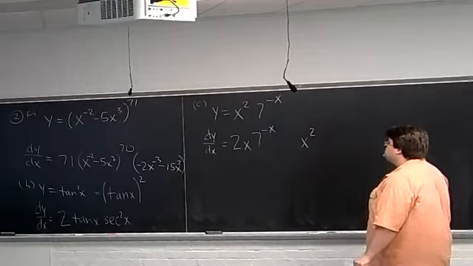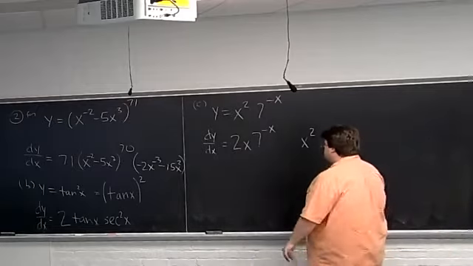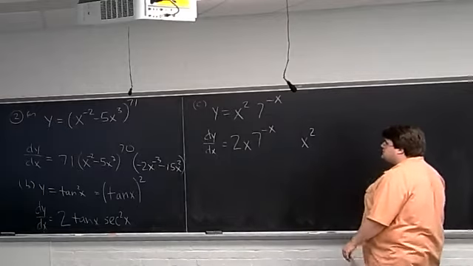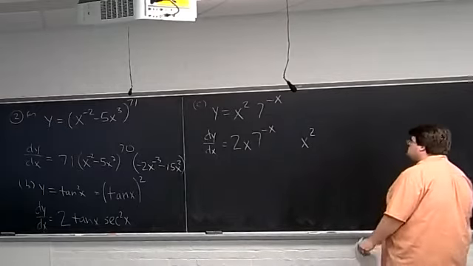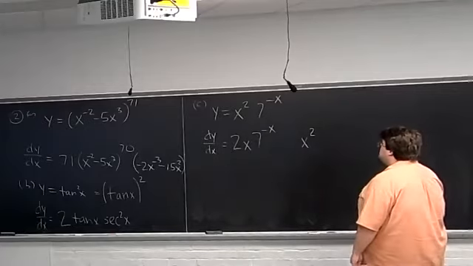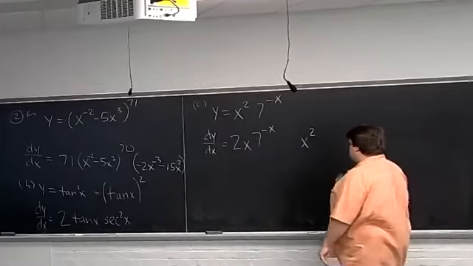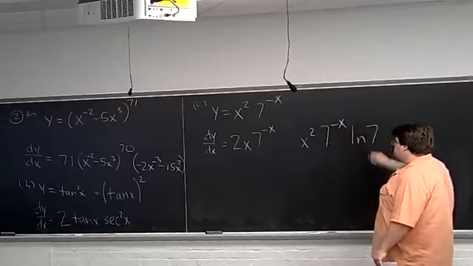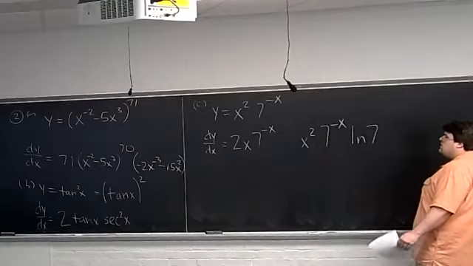What is the derivative of 7 to the x? It's a general exponential function, an exponential function with a non-e base, base 7. The derivative of a general exponential is itself times the natural log of the base, natural log of 7.